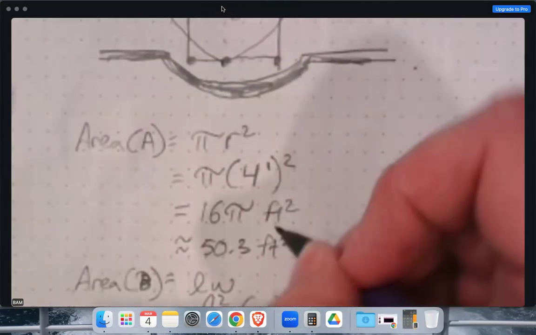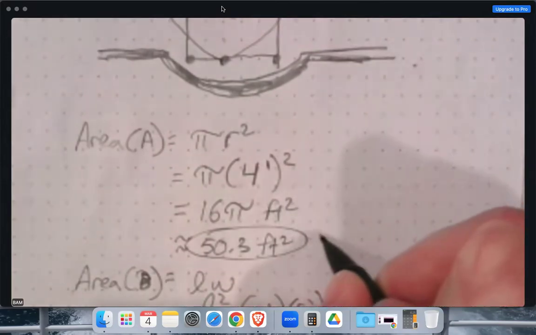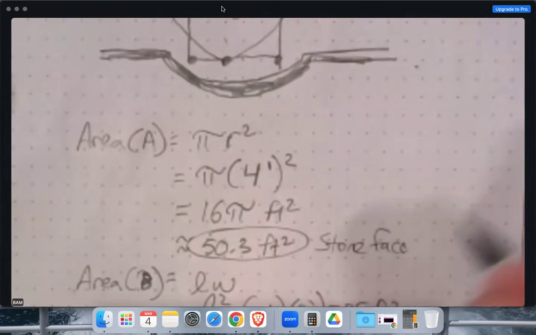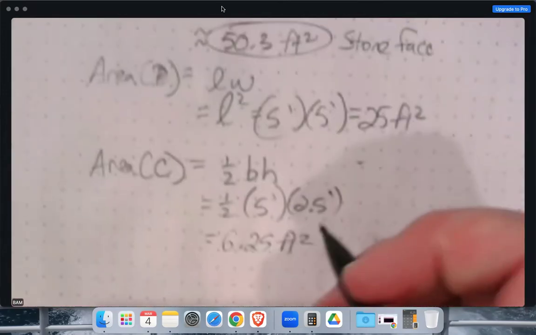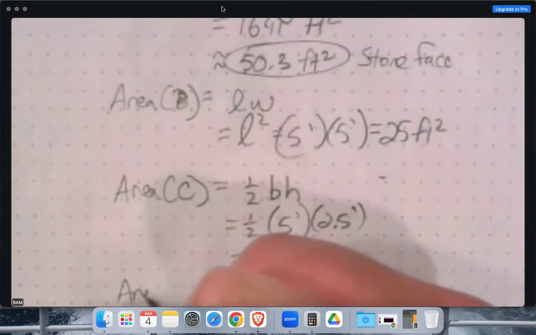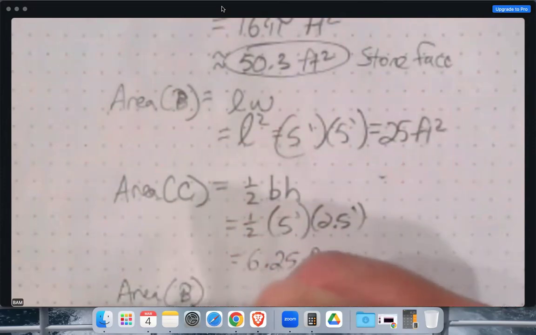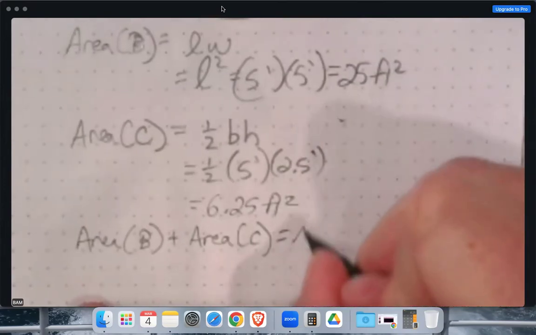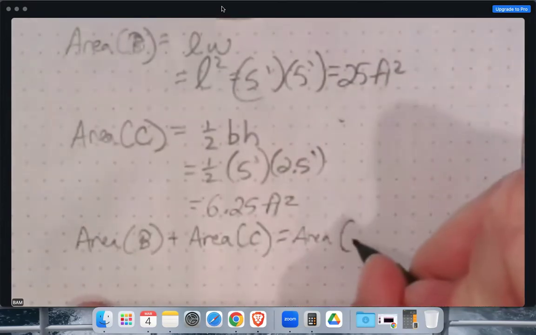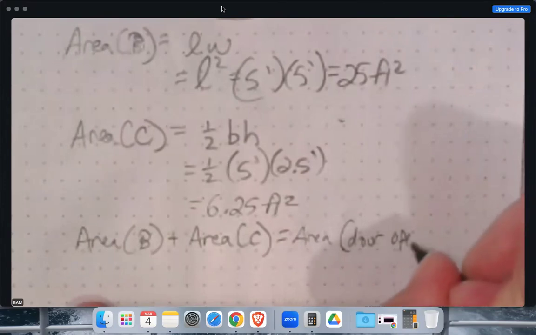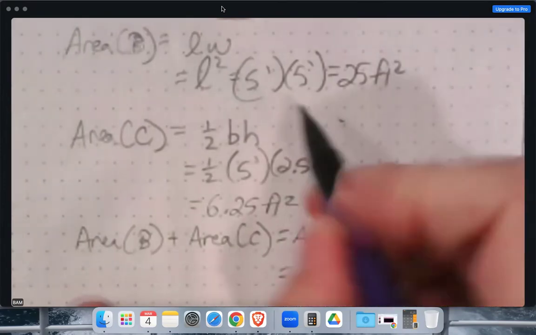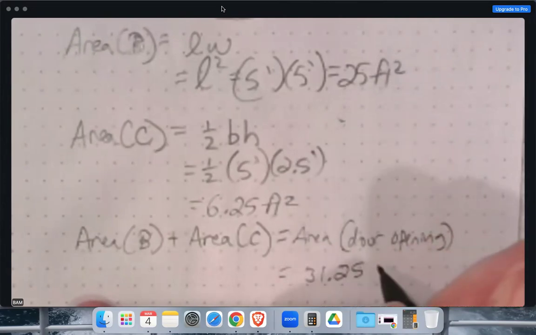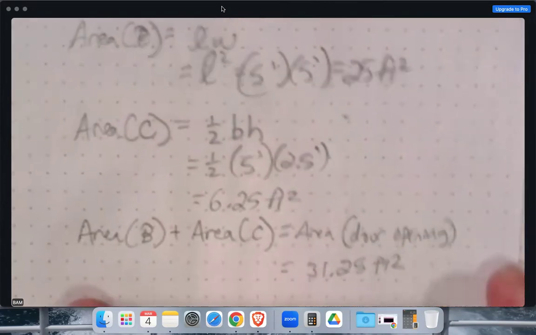This is the area of the face of the stone. And then the area of B plus the area of C is the area of the opening, which is 31.25 square feet.